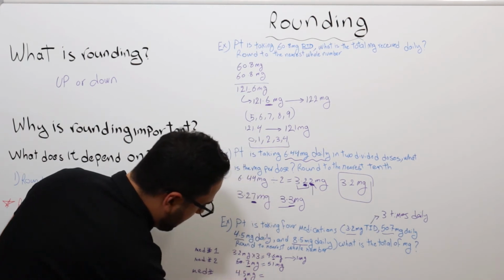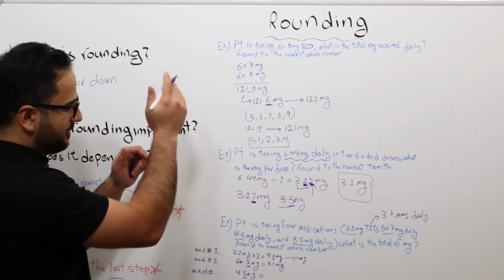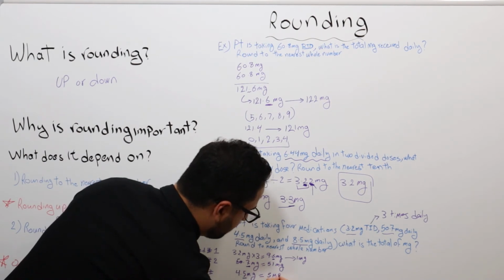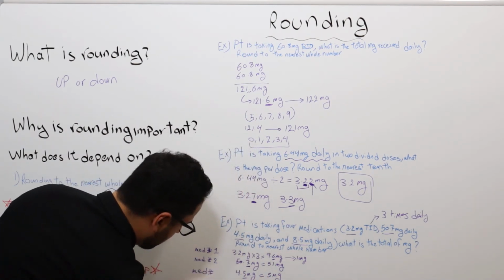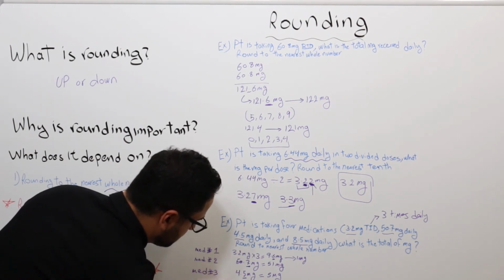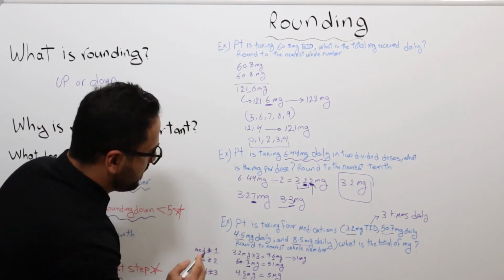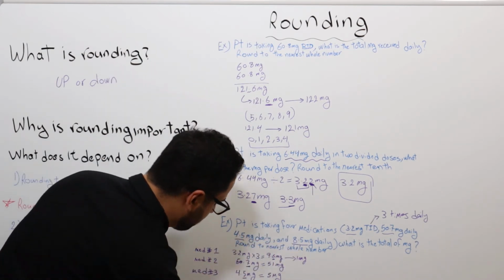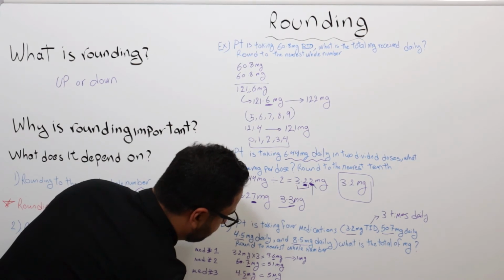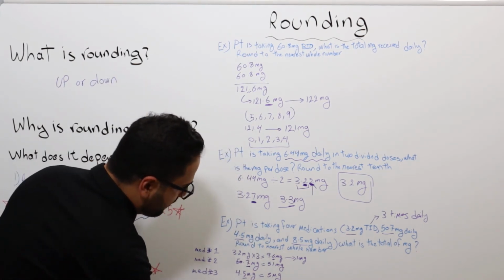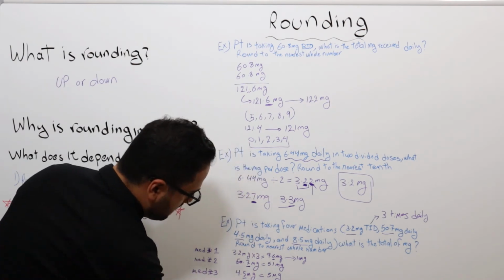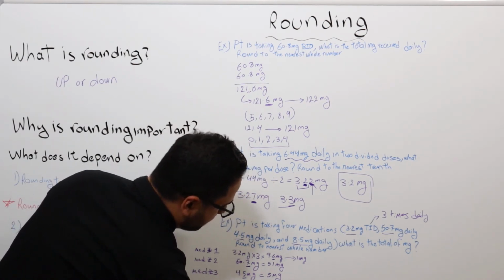We have a 5 over here, which is rounding up, so it's going to be 5 milligram. The fourth one is 8.5 milligram. Also we have a 5 over here, so we round up again, and it's going to be 9 milligram.